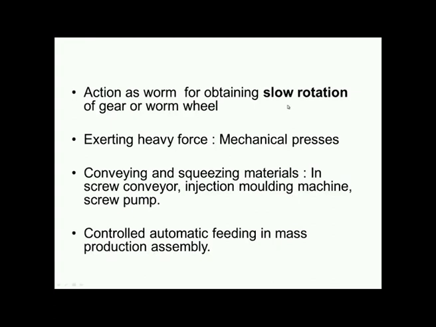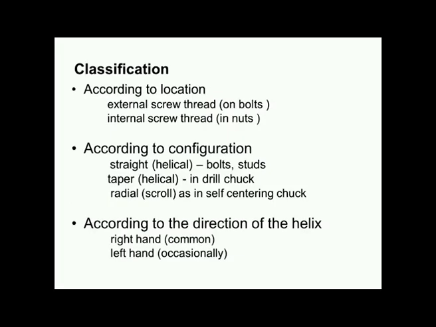Now, to get very slow rotation, we can use screw threads as in the example of gear and worm wheel, and to exert heavy force the screw threads are used. Example is mechanical presses. The screw threads are also used in conveying and squeezing materials in screw conveyors, injection molding machines and screw pumps, and in controlled automatic feeding in mass production assembly.